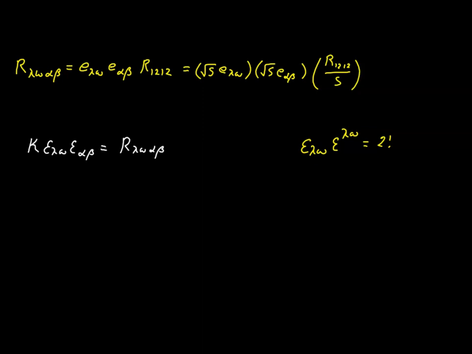So we can then write the expression for the explicit value of kappa as being equal to 1/4 of epsilon lambda omega and epsilon alpha beta in the upper position times the Riemann tensor.